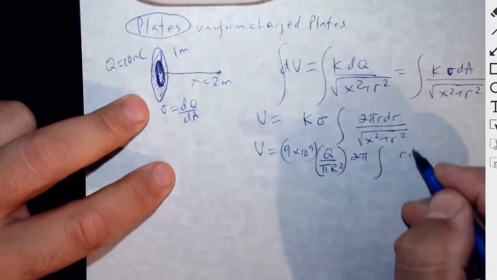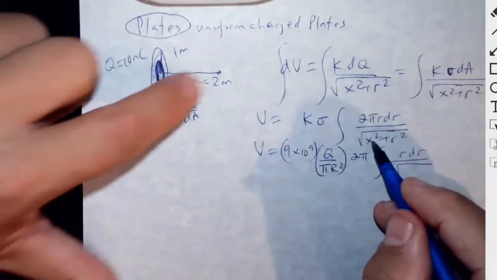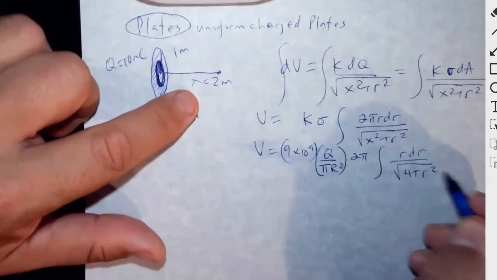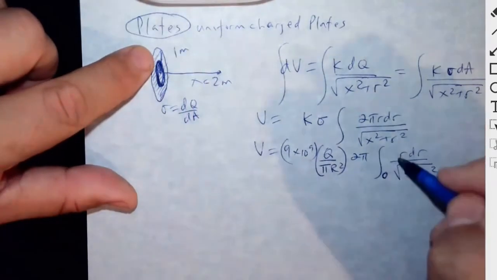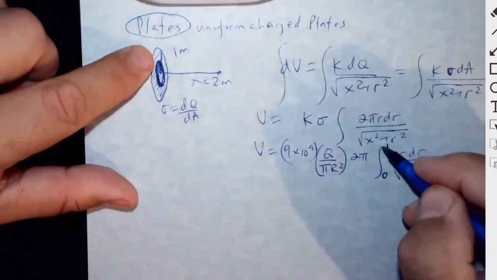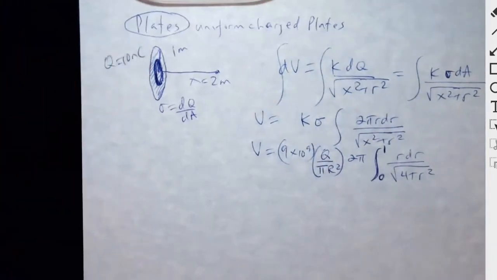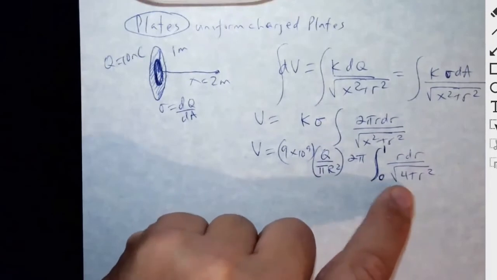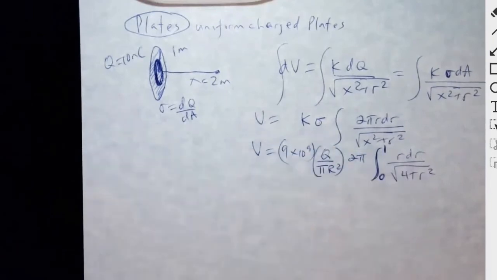Then you have r dr over the square root of, x is 2, so 4 plus r squared, from 0 to the radius of the plate, which is 1.